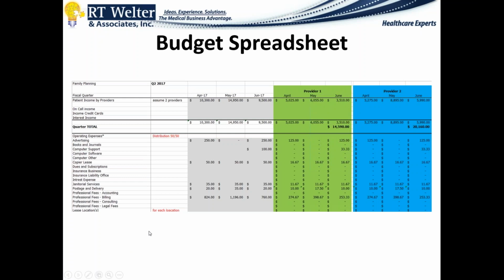We reviewed the budget spreadsheet that helps give you a real life picture of what this looks like when you break down each of your cost categories. And we looked at an example of a 2-nurse practitioner family planning provider setup where the expenses were split down the middle because both of the nurse practitioners are full-time family planning.